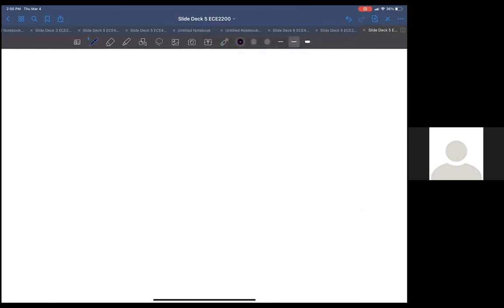This is called a full wave rectifier, and the schematic looks like this. It's also called a bridge rectifier. I have no idea why it's called a bridge rectifier.